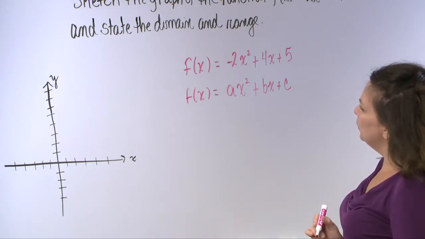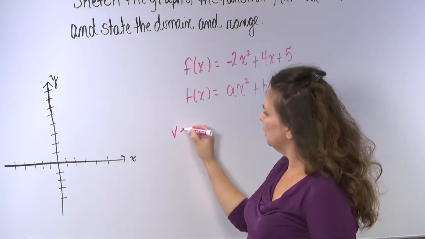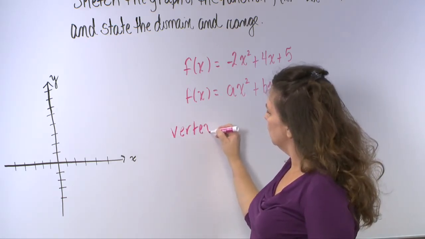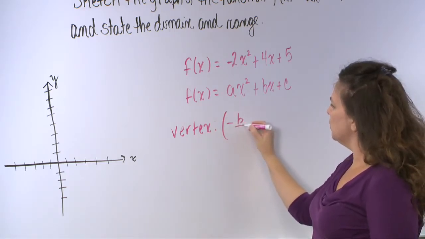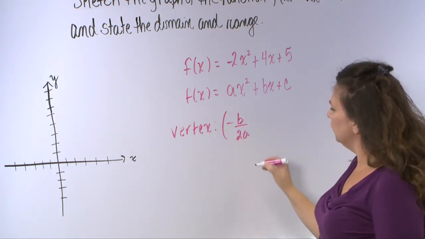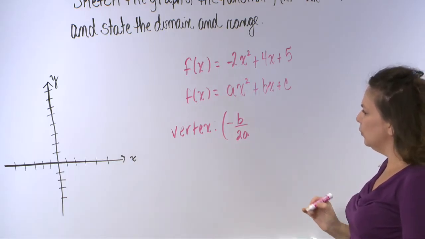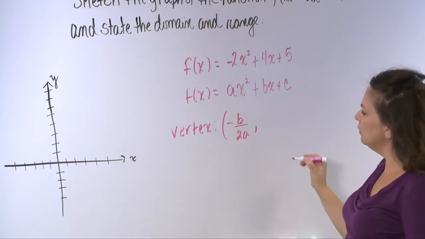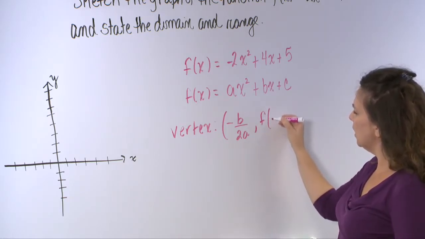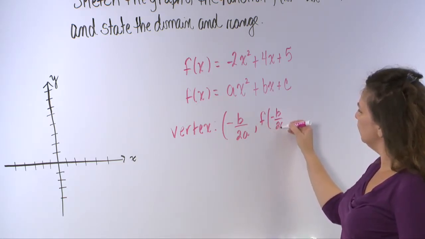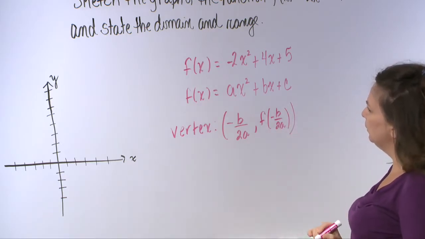So one thing we want to do is find the vertex. So the vertex we can find by using the formula minus b over 2a. And we'll find whatever that value is, and then we'll plug it back into the function to find the corresponding y value. So that is f of minus b over 2a.